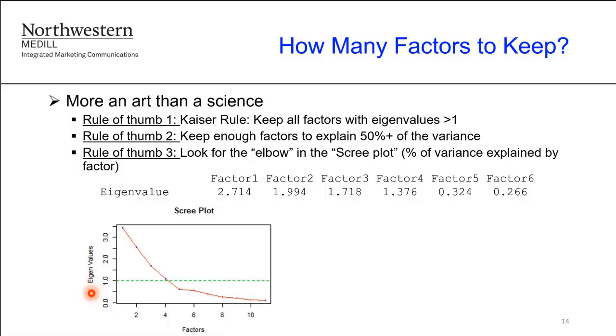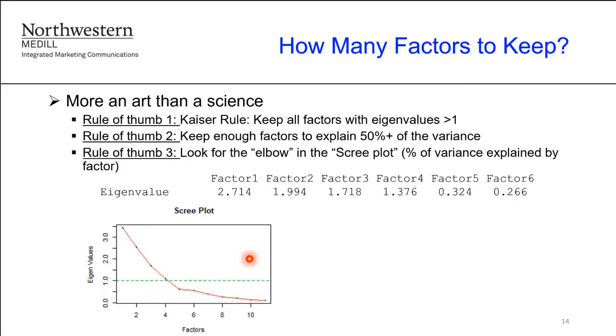Factor number 4 is slightly over 1, but after factor 5 or 6, the eigenvalues are less than 1, so we may want to keep the factors up to factor 4.